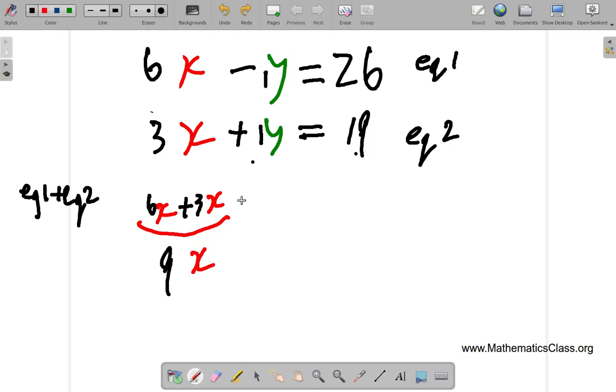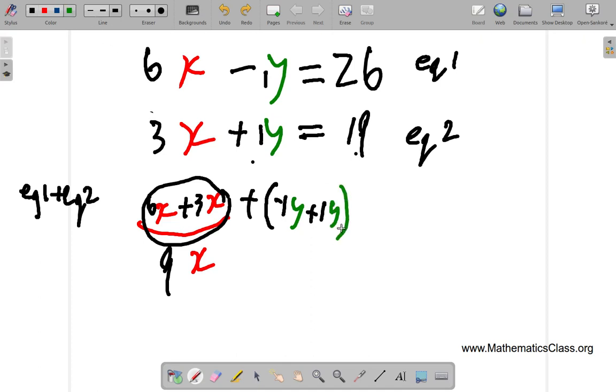Let's come to the y part now. Plus negative 1y, we're adding plus 1y equals.